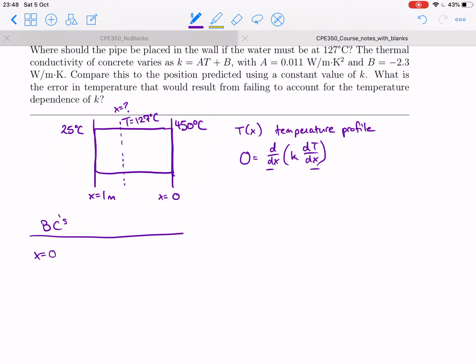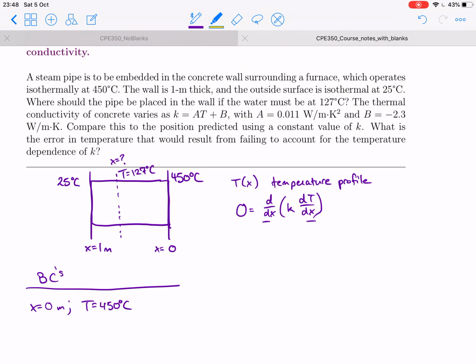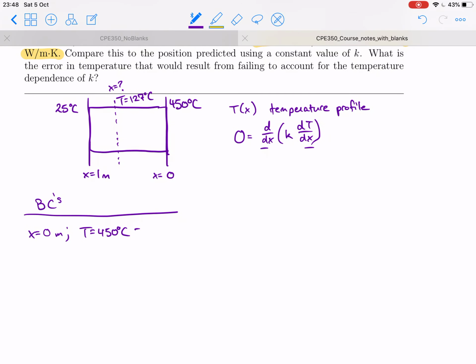At x equals 0, the temperature is 450 degrees C. And we're going to convert that to Kelvin because we notice up here that the constants A and B are given in units of Kelvin, and so to avoid making a mistake, it's easier to just convert our temperatures to Kelvin. So that's 723. And then our second boundary condition is at that x equals 1 meter point where the temperature is ambient.